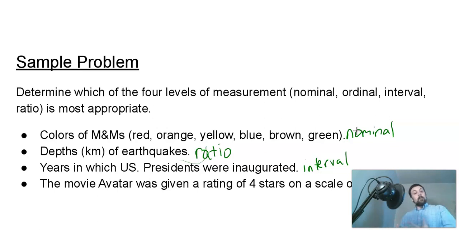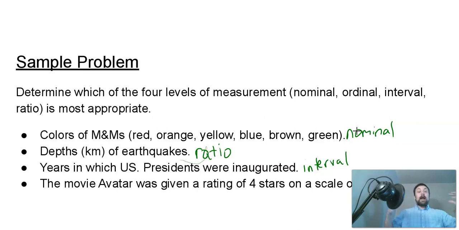Another example of interval measurement that you might be interested in, and another good way to think about it: does 0 mean none of it, right? Year 0 doesn't mean you have no years there. It's just where we decide to start measuring our years. 0 depth means there's no depth there, right?